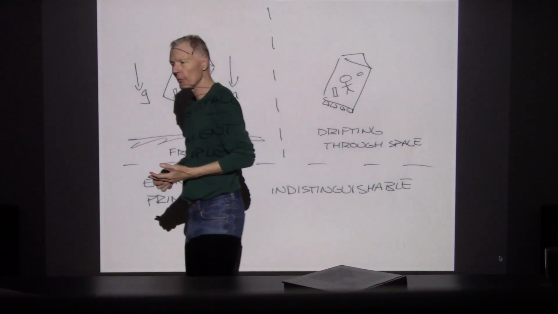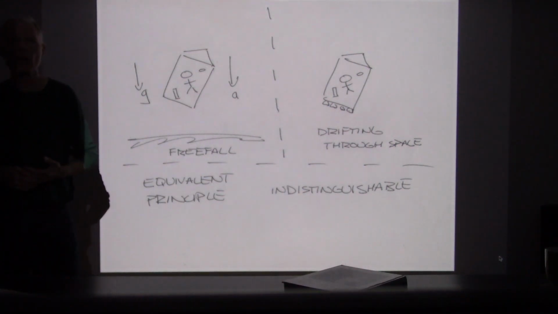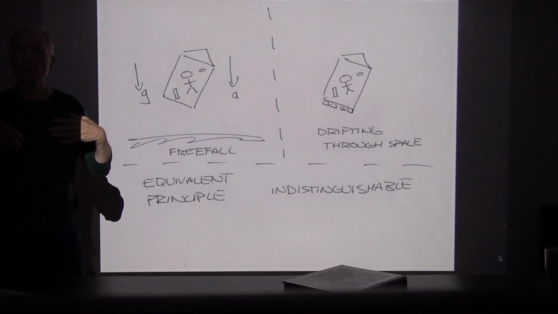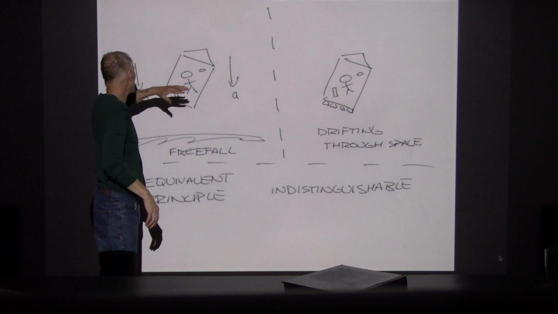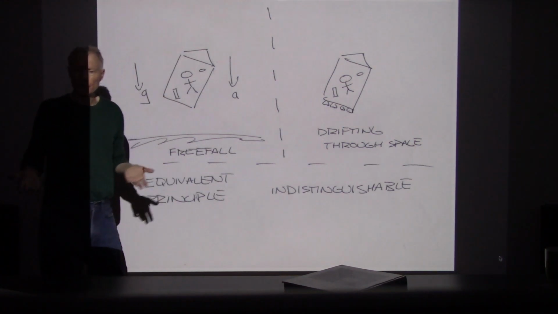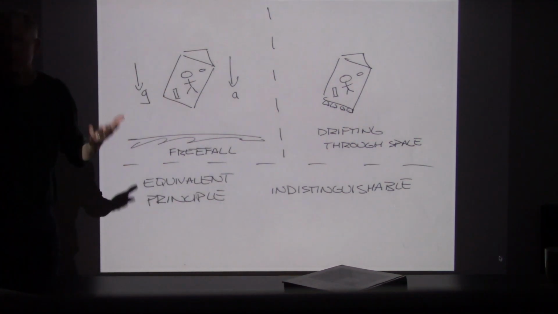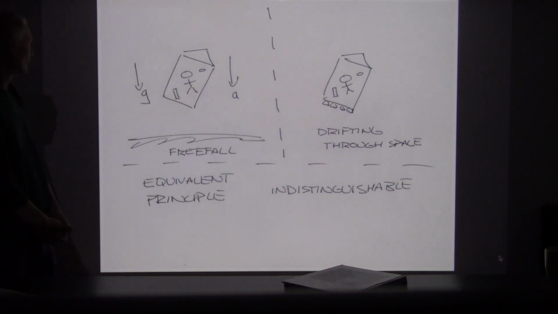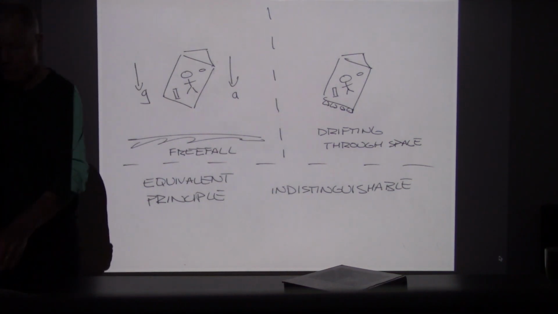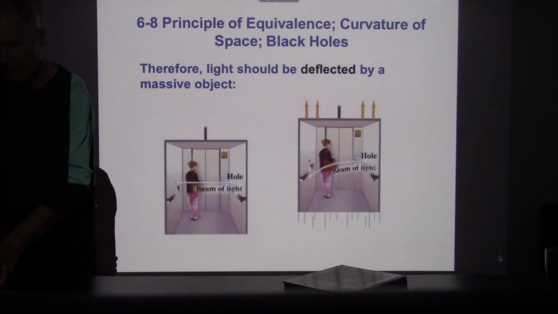And Einstein called this the happiest thought of his life, that whenever you are in free fall, you get in an elevator and somebody cuts the cables, whenever you're in free fall, it's effectively the same thing as turning off gravity. And that was the starting place for the development of general relativity. So kind of an interesting example here.